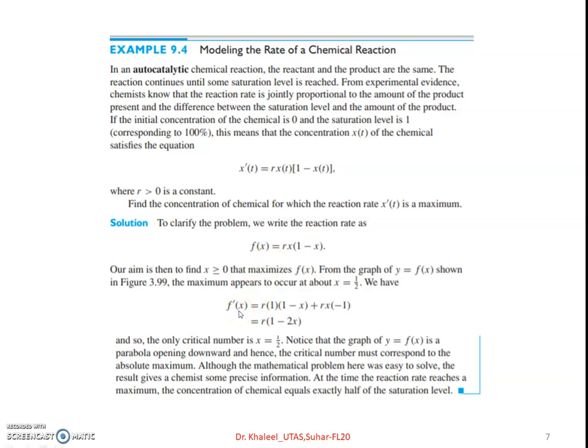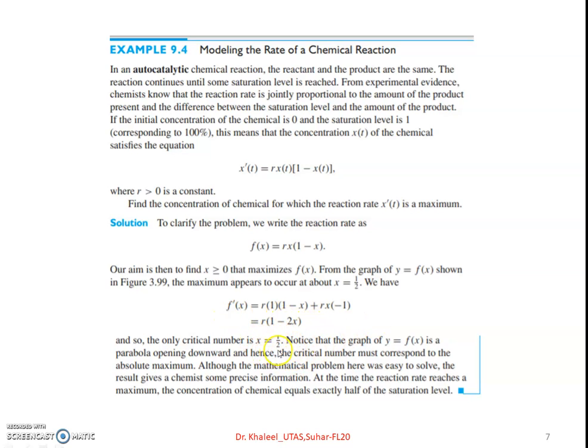So we find the derivative of this. The r is constant, so it distributes, and for this we use the product rule. The derivative of x is 1, times (1 - x) as it is, plus x as it is times the derivative of (1 - x), which is -1. This simplifies to this. Equate to 0 and solve.